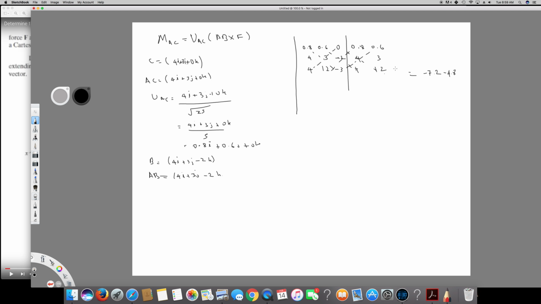It's negative 7.2, but it's in the negative direction, so it becomes positive 7.2. We missed this one: 0.8 times minus 2 is negative 1.6, negative 1.6 times 12 is negative 19.2, but because it's in the negative direction it becomes plus 19.2.